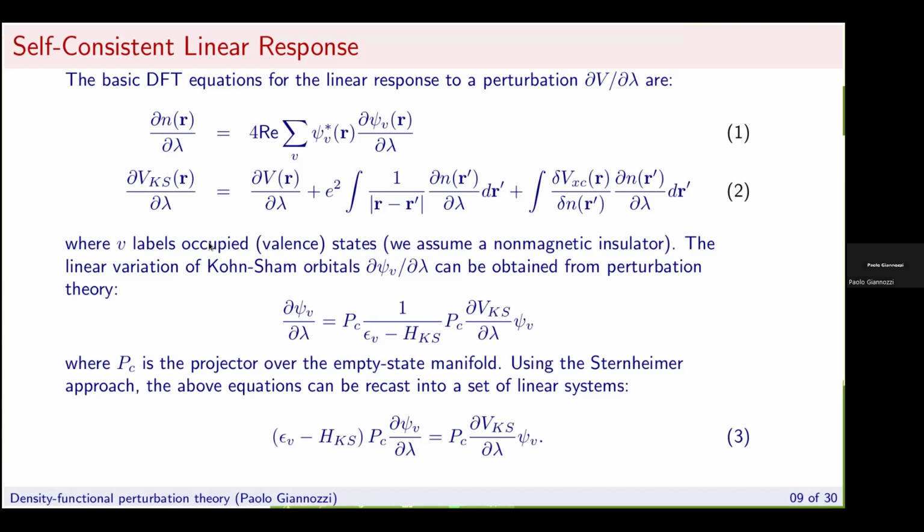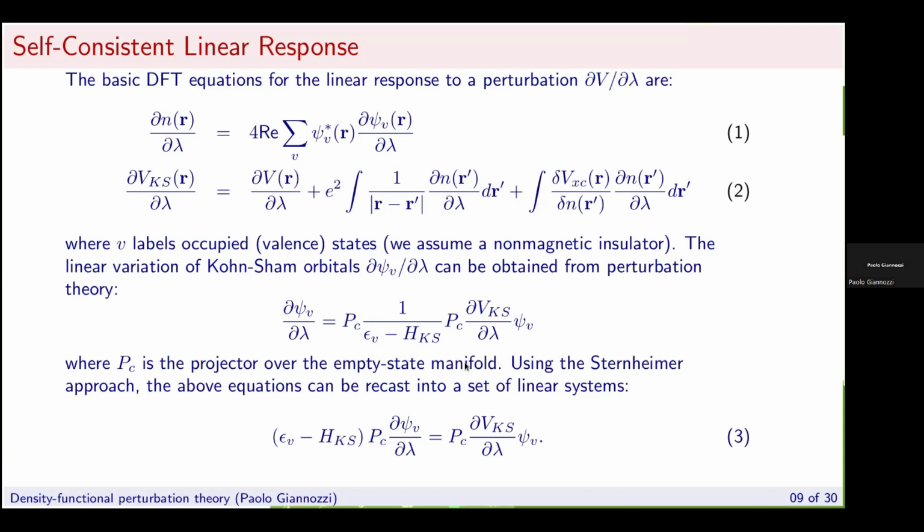Now, here we are assuming again the simplest case of a non-magnetic insulator, so the sum runs over occupied valence states. Now, we are still missing this linear response of the Kohn-Sham orbitals, which you can compute by applying perturbation theory to the Kohn-Sham Hamiltonian.